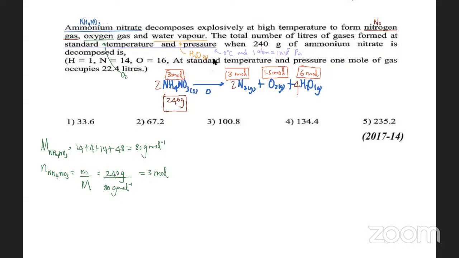Total number of liters of gas formed at standard temperature and pressure. So they have accepted 2, 3 and 5 also. It's interesting. We'll have to check the original scheme.